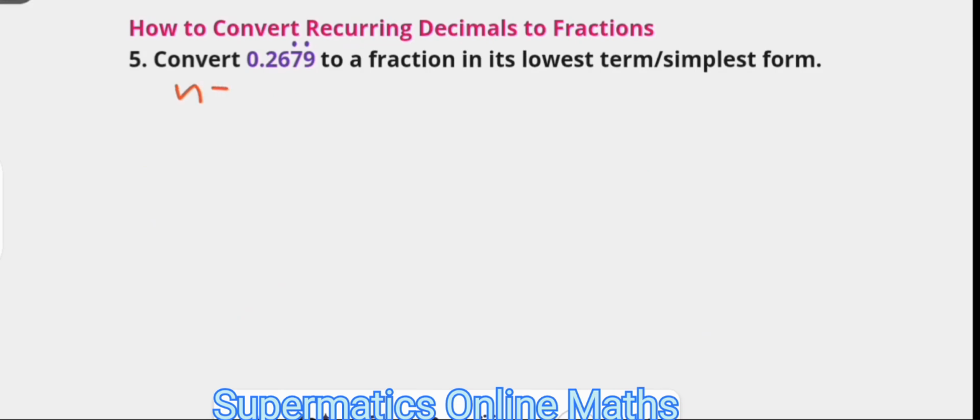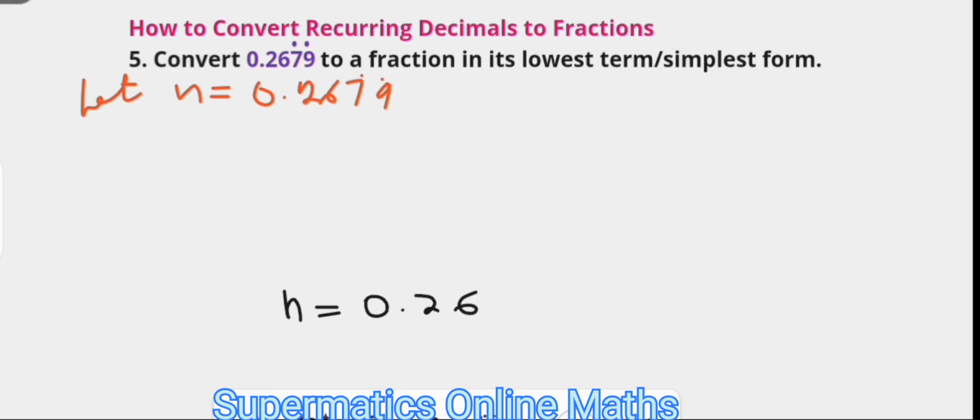It is 0.2679 with only the 7 and the 9 recurring. So if that is n, then we have that n is 0.267979 with the 7 9 going on forever.